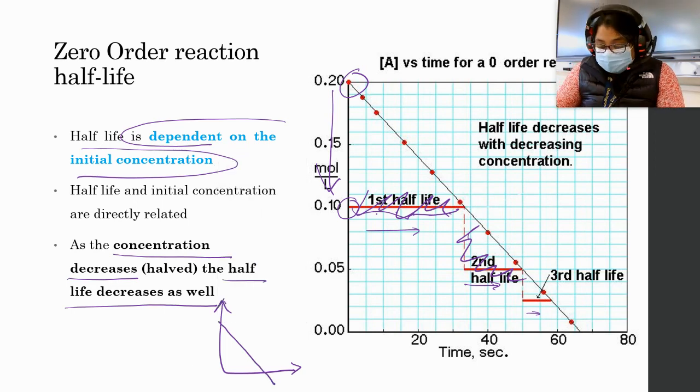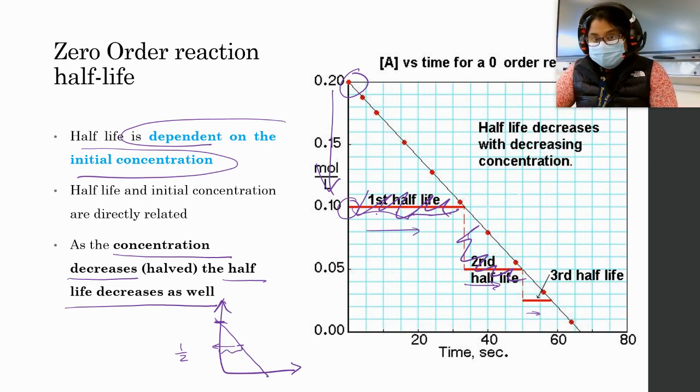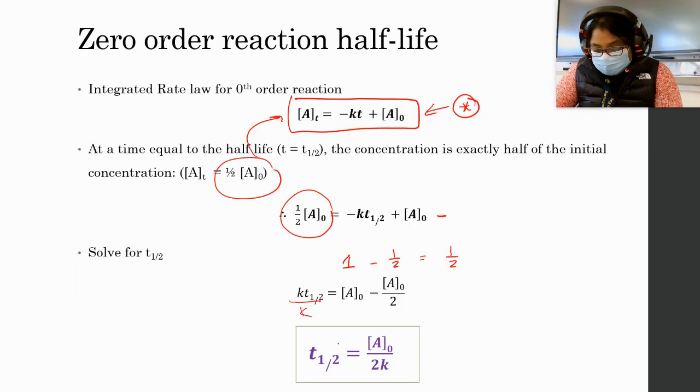Your job is to say, oh, look, this is what I'm starting out with, and this is where it's 1/2 of the initial concentration. So this must be my half-life. You can actually get your half-life from the graph. So if you have your half-life from a graph and you have your initial concentration, you can calculate your rate constant using the zero order half-life equation.